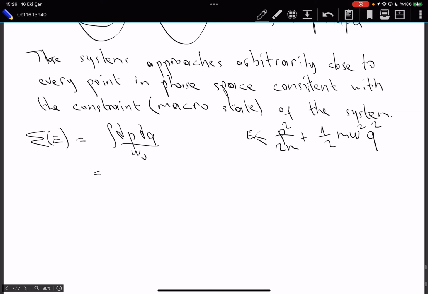So what is that integral, dp dq, for this constraint?